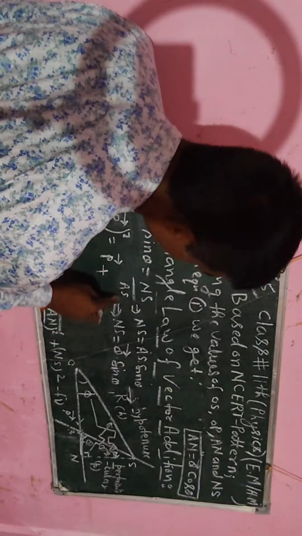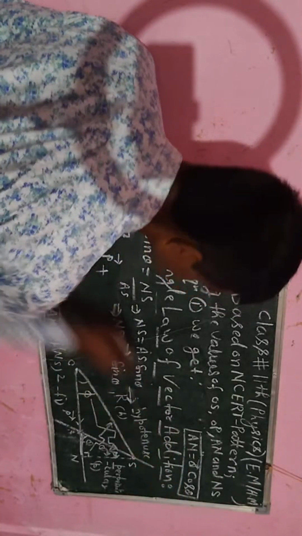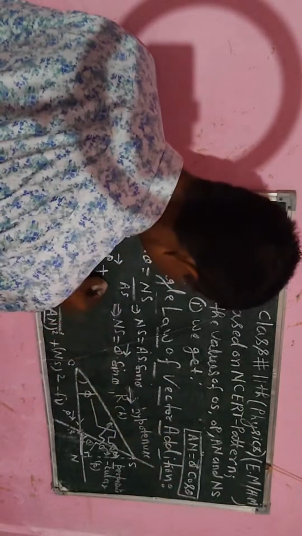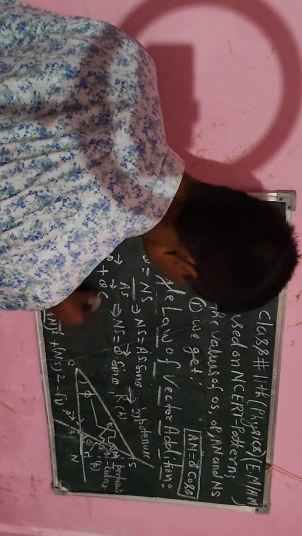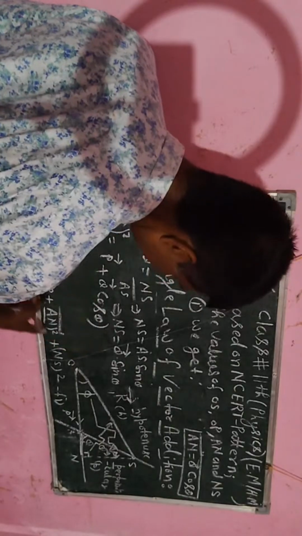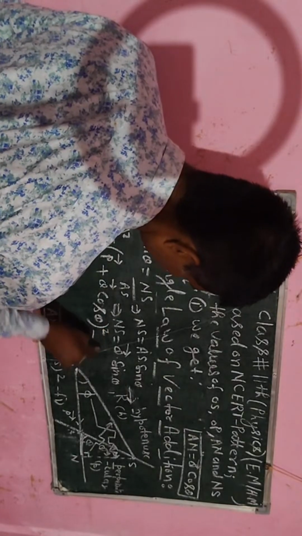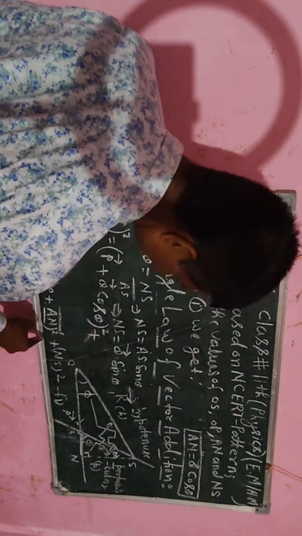The value of AN is vector Q into cos theta, and since a square is written here, I will put a square here, and then again I will write the plus sign.